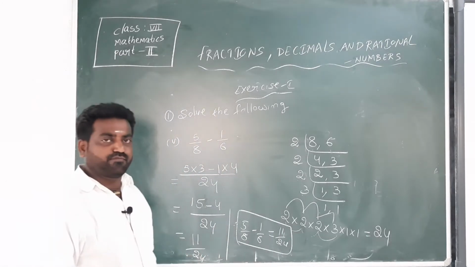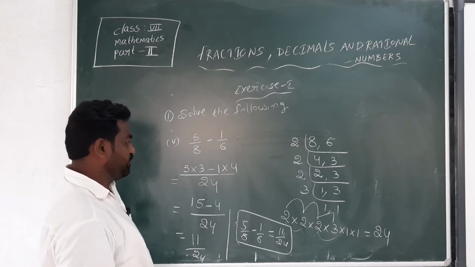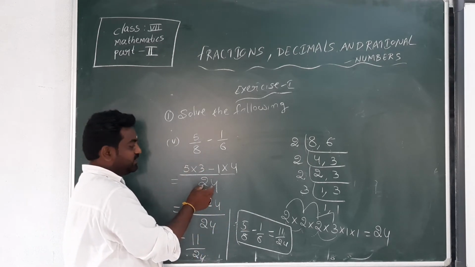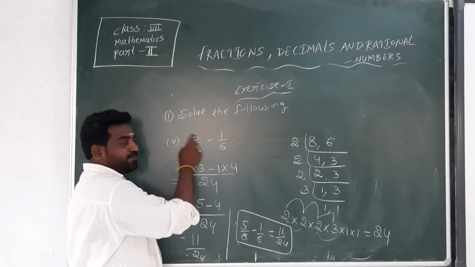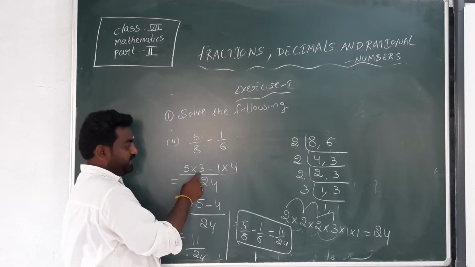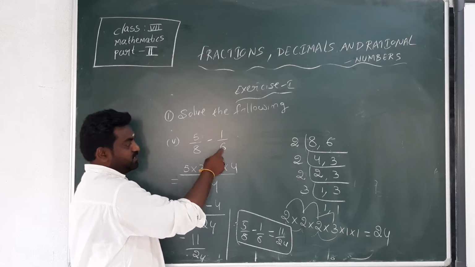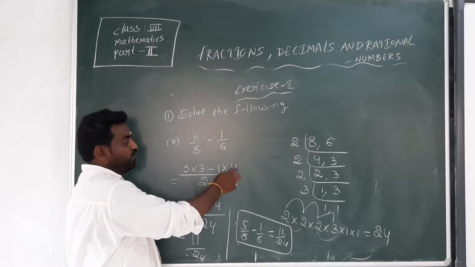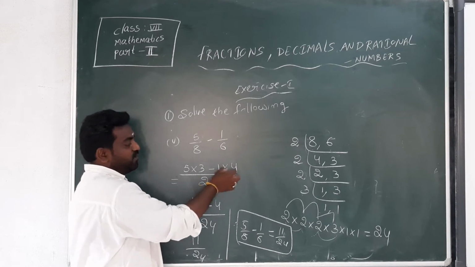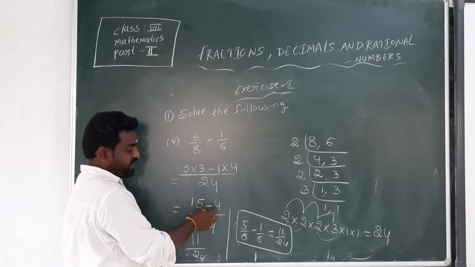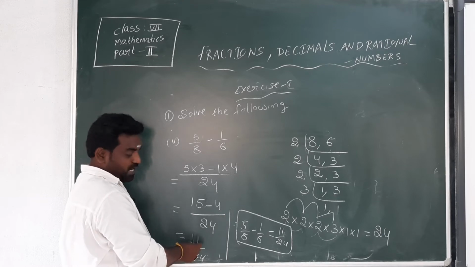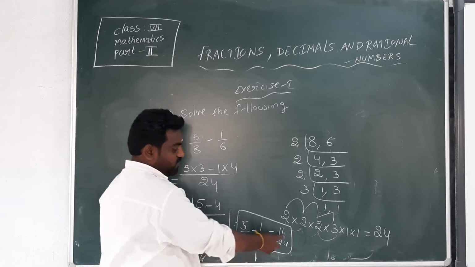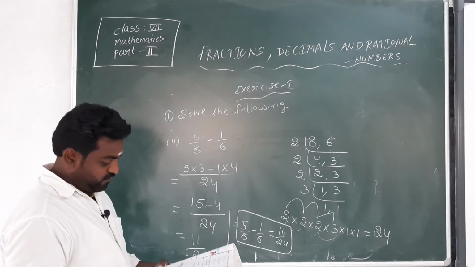So the LCM is 24. 8 table, how many times in 24? 3 times, so the numerator is multiplied by 3. 5 into 3 minus, 6 table how many times in 24? 4 times, numerator 1 into 4. 5 threes are 15 minus 4 is 11, 11 by 24. 5 by 8 minus 1 by 6 is equal to 11 by 24.